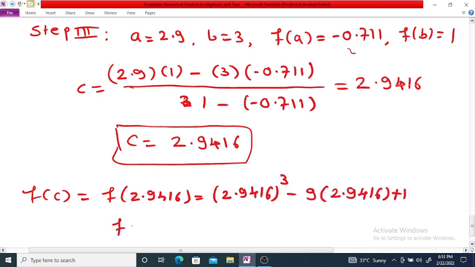If we simplify this, f of c is equal to minus 0.0215.